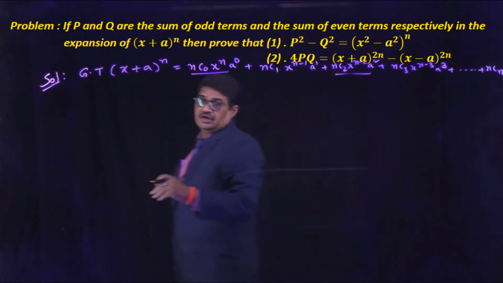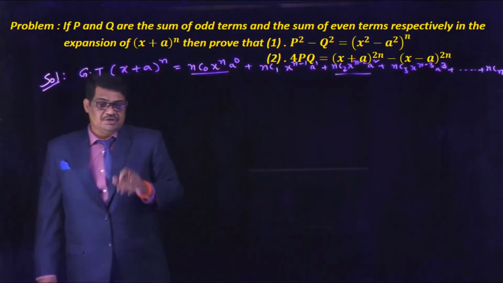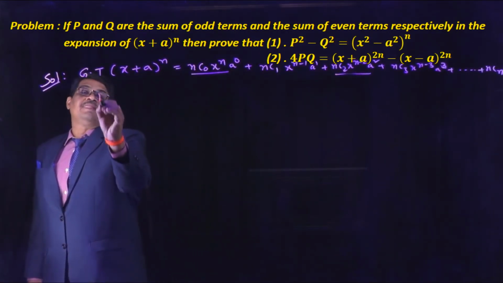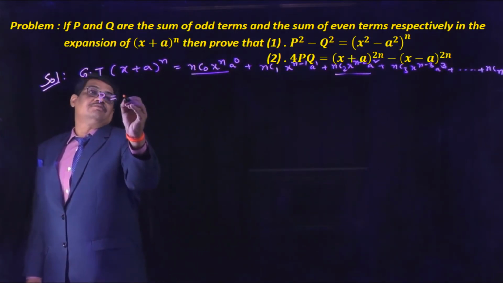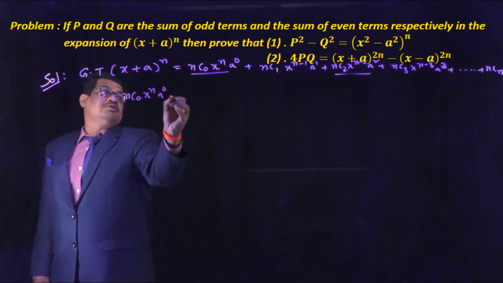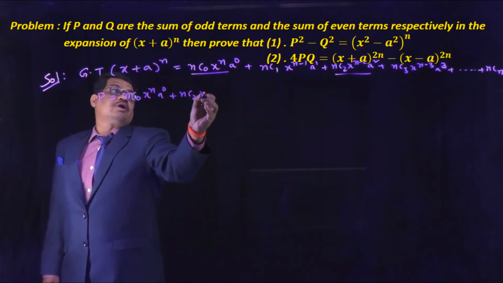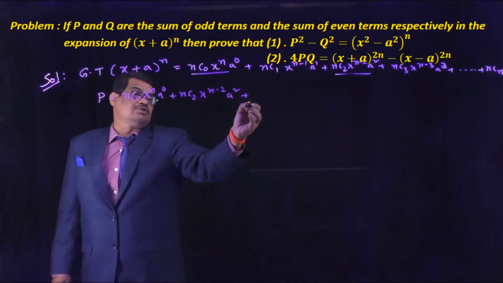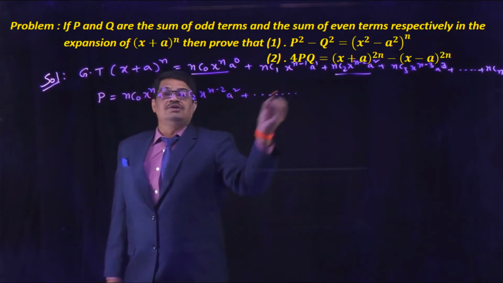The sum of these terms is given as P. Here P is the terms nC0 x^n a^0, nC2 x^(n−2) a², and so on. These are the terms.